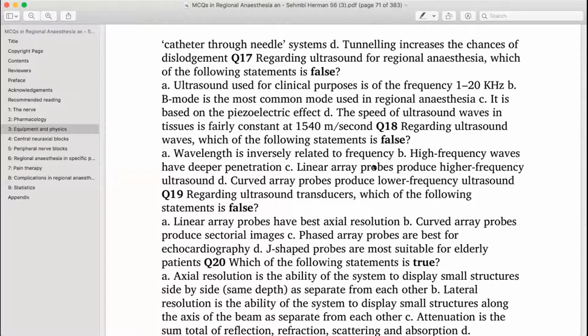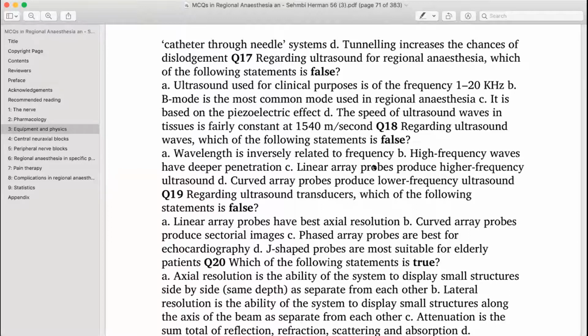The first question is regarding ultrasound for regional anesthesia. Which of the following statements is false? Ultrasound used for clinical purposes is of the frequency of 1 to 20 kilohertz. B mode is the most common mode used in regional anesthesia. It is based on the piezoelectric effect.